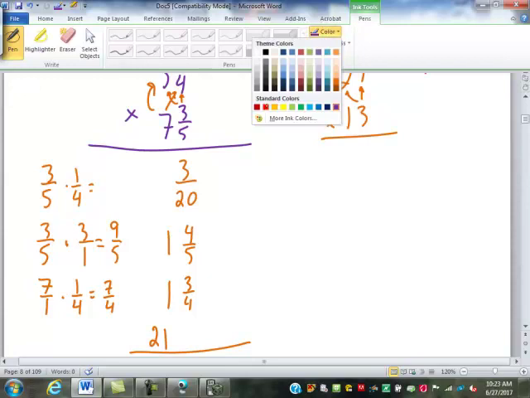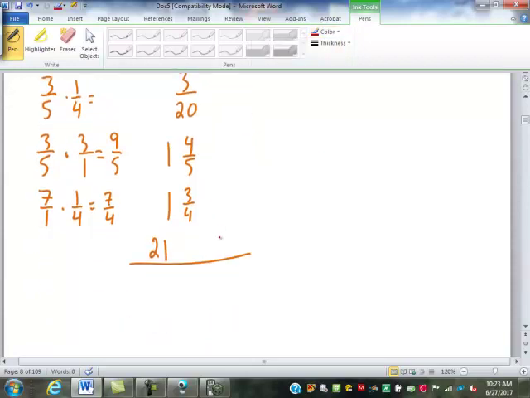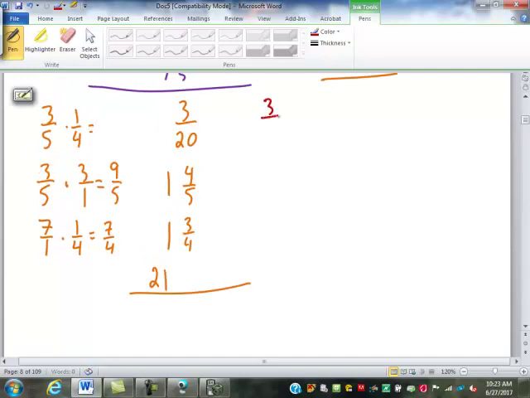Well, now in this whole mess, we have to find common denominators to combine those. It's going to stay 20. So this is still 3/20. This will be 1 and 16/20. This will be 1 and 15/20. There we go. And this is just 21 yet.